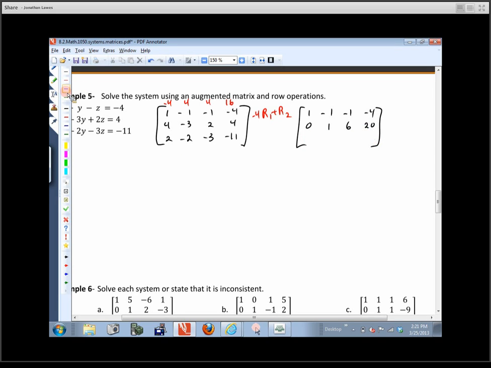Everybody good with that? So what is that step going to be? -2, row 1, add to row 3. And row 3 is the one that's going to change. If I multiply it by -2, that's going to be -2, 2, 2, and 8.